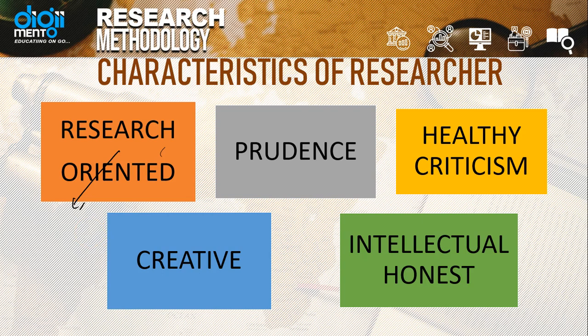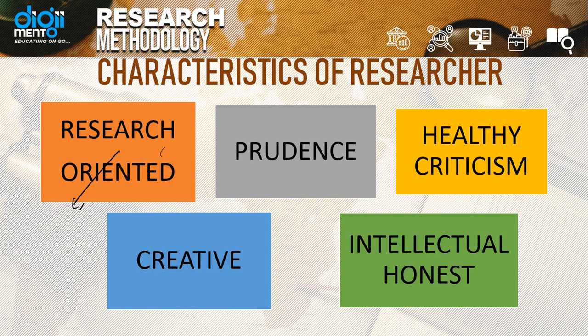And what is prudence? In prudence, you should be very careful during your research study, and you should conduct your study at the right time and the right place, wisely, efficiently and economically.